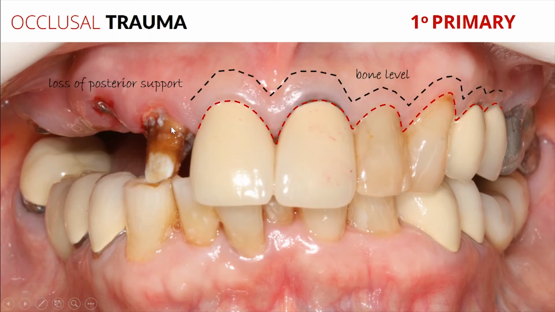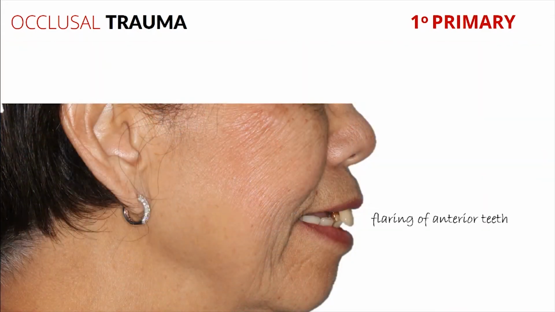We haven't lost any bone, but what we have lost is the posterior support. So we are missing enough posterior teeth that now the anterior teeth are being overloaded. And the sequelae for that is, if you were to look at the patient in a side profile, you can see that the anterior teeth are starting to flare forward.